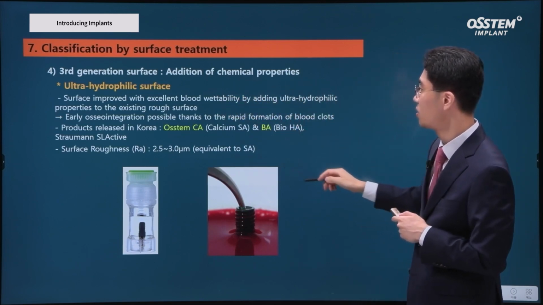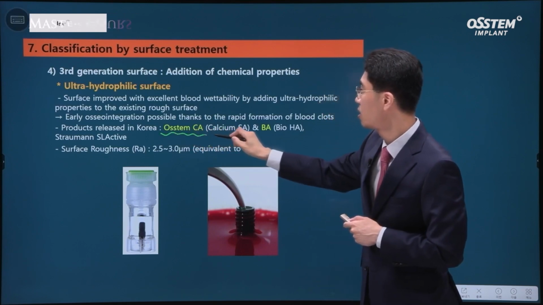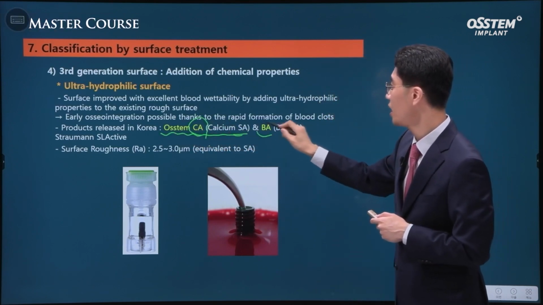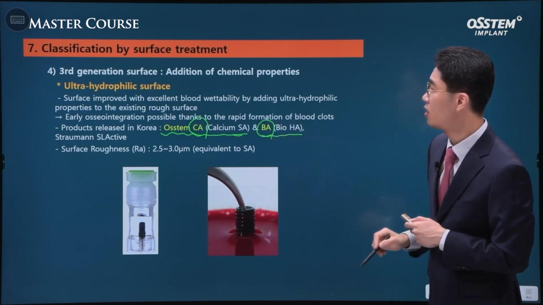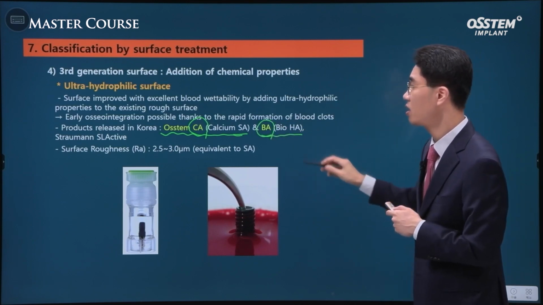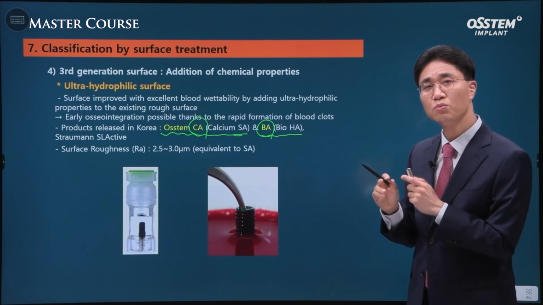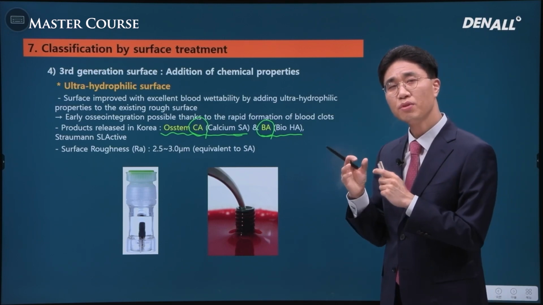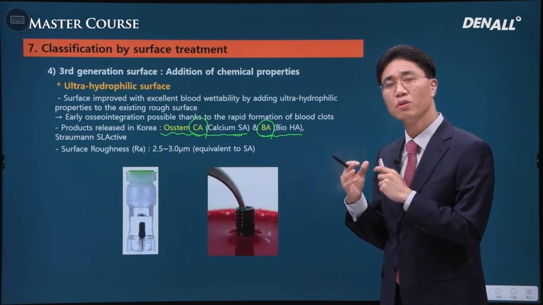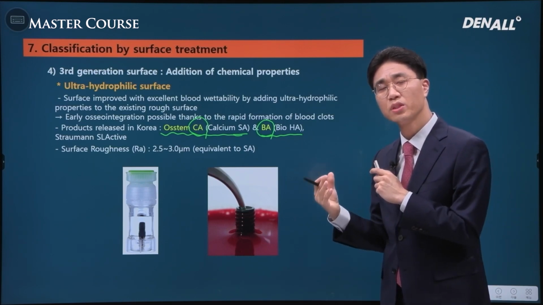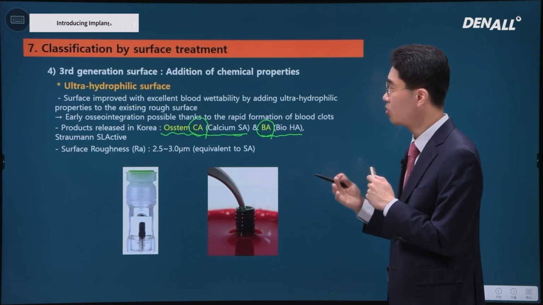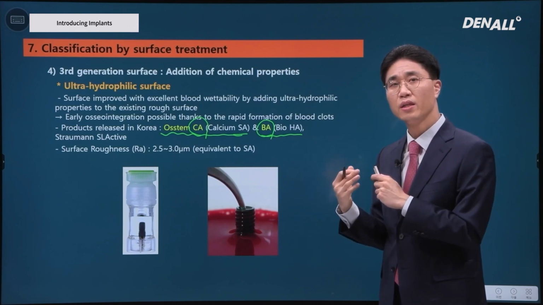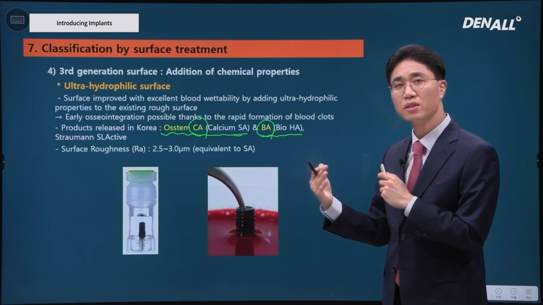This is Ostem's calcium CA. It refers to calcium SA, and BA surface, which refers to BioHA. Ultimately, these options have slight differences, but basically it makes the implant surface more rough and it promotes osseointegration by inducing biological or chemical reaction.